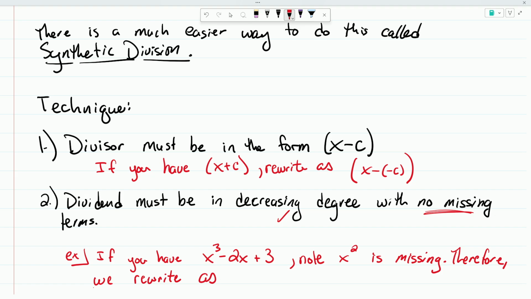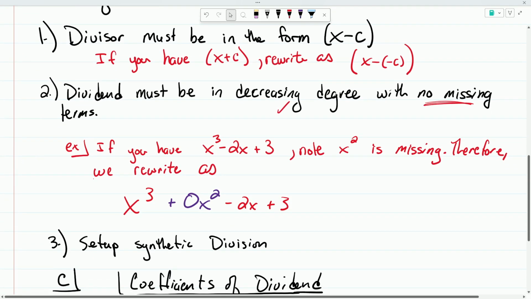If you're thinking about descending degree, after x to the third you would expect x to the second, then x to the first, and then a constant term. So we are missing x to the second. Therefore, we're going to rewrite it as x to the third plus 0x to the second minus 2x plus 3. We have to add in the missing term.